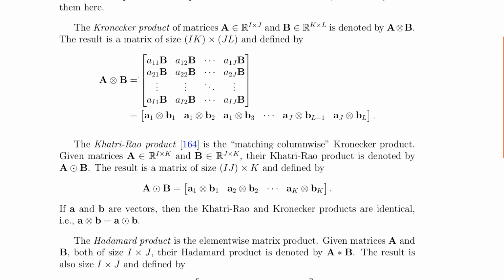Let's say A has elements a11, a12, and so on to aij. Then A cross B will be equal to this matrix. It's like I have B weighted and stacked together to form a bigger matrix of size ik by jl.